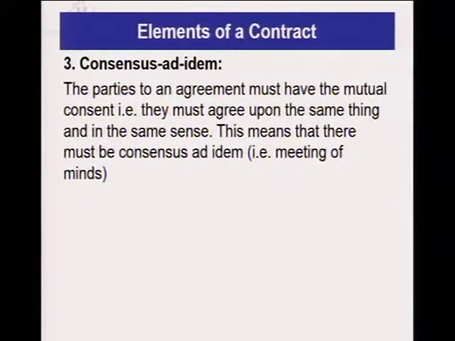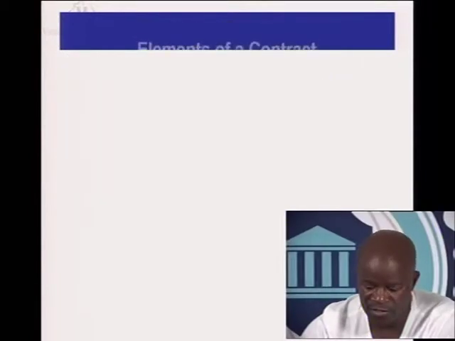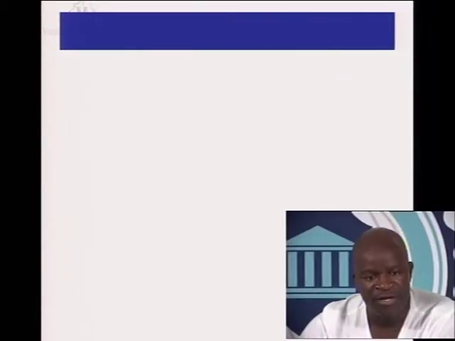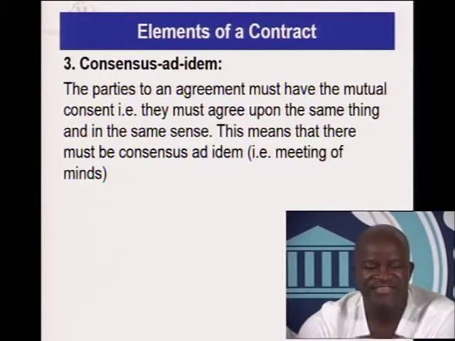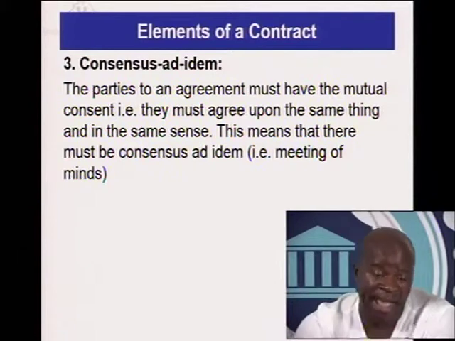Let's look at the third element, consensus ad idem. Some call it consensus ad idem, whichever the case may be. When it comes to consensus ad idem, we are saying there must be the meeting of the minds.